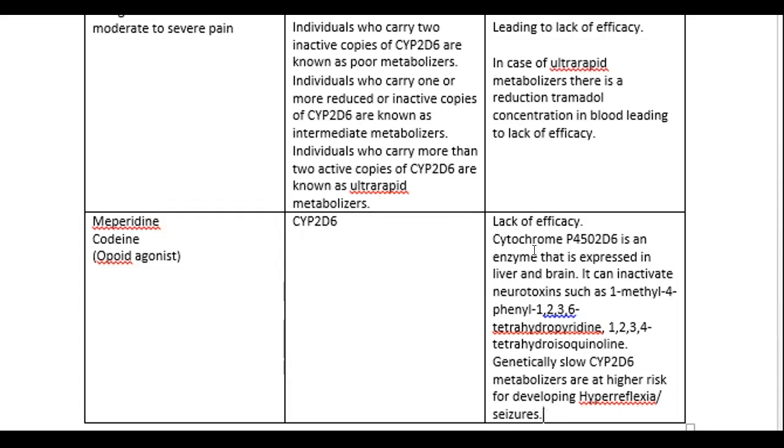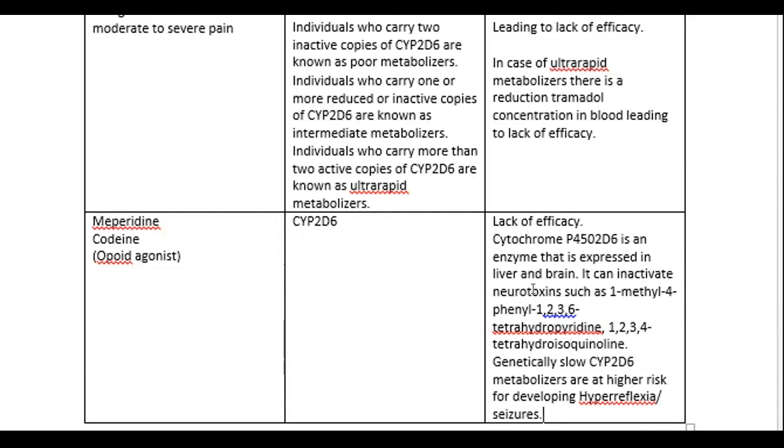So how is this causing the hyperreflexia or seizures? This CYP450 2D6 enzyme is present not only in the liver but also in the brain. It inactivates some of the neurotoxins called 1-methyl-4-phenyl-1,2,3,6-tetrahydropyridine, and this is the major neurotoxin which damages the brain.